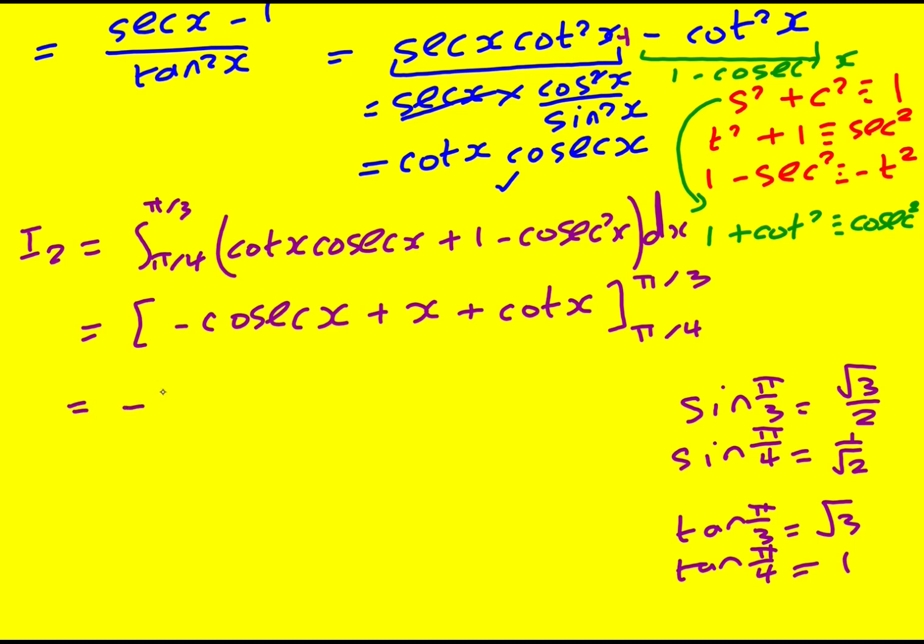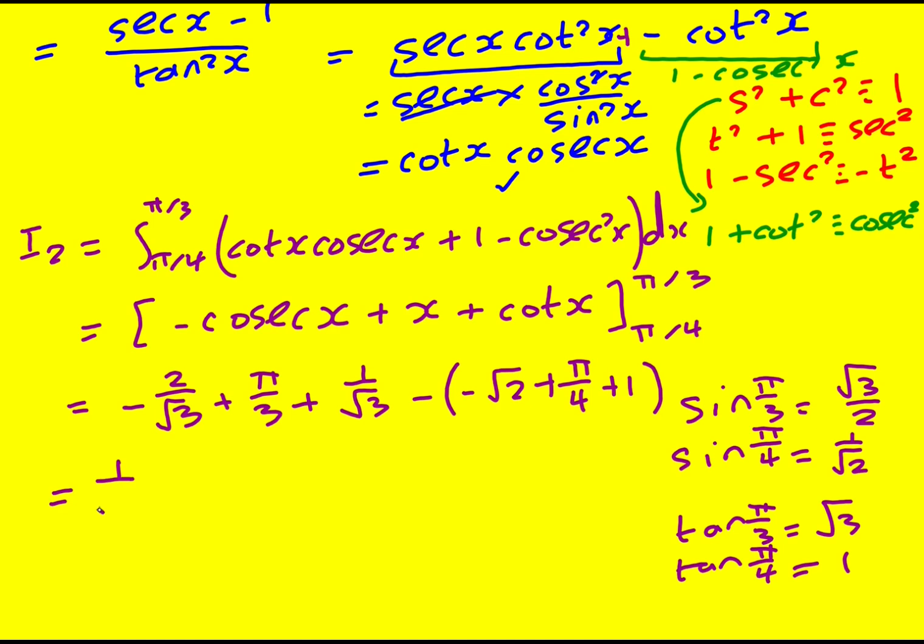So minus 1 over root 3 over 2 is going to be minus 2 over root 3. Then plus pi over 3 plus 1 over root 3. That's the first bit. And I'm minusing sine of pi over 4, which was 1 over root 2, so it's going to become minus root 2 plus pi over 4 and then plus 1.